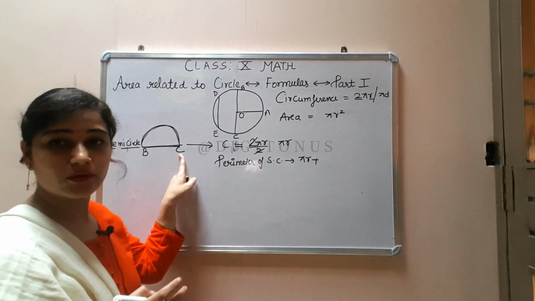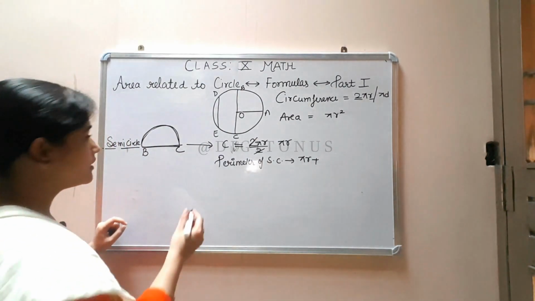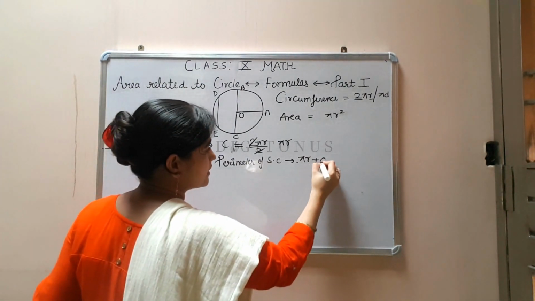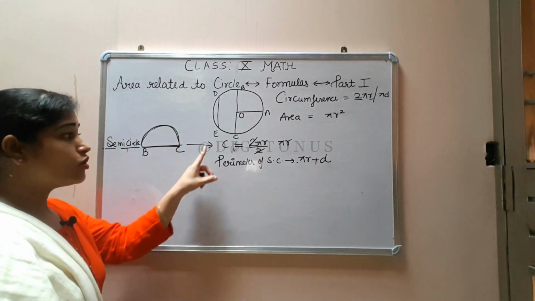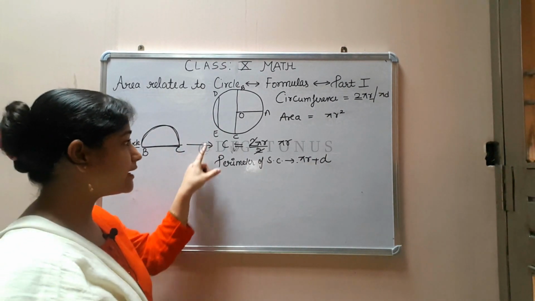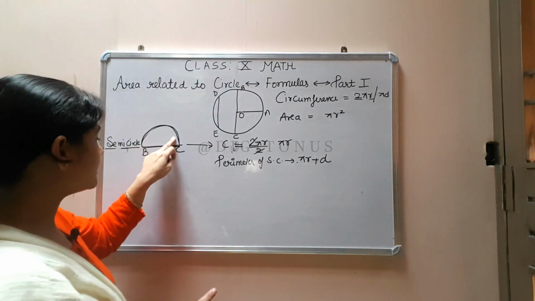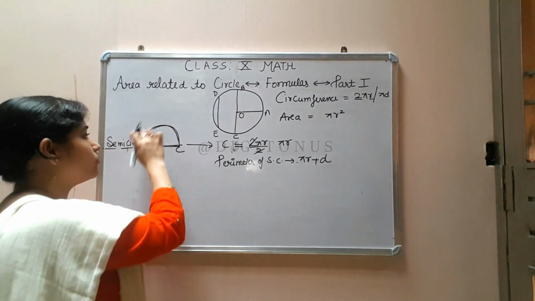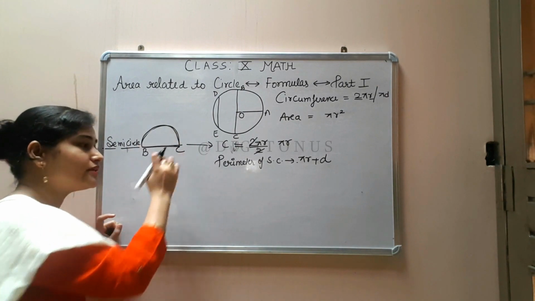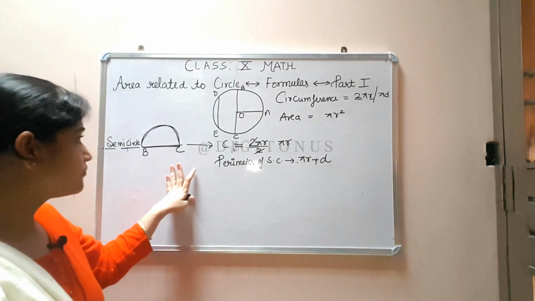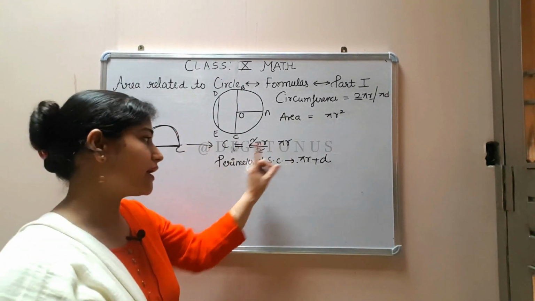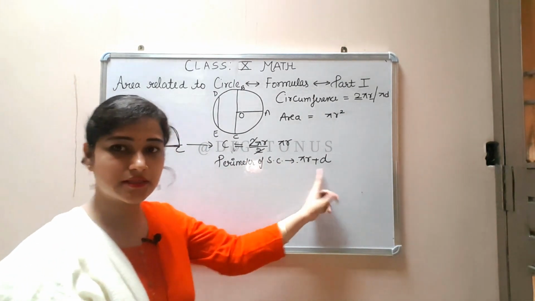So what will this side be? Diameter. That's why you can write pi r plus d. So don't think that both things are the same. No, circumference is only this curved part, and perimeter is the whole boundary of the semicircle, this part and also the straight line, the diameter. So semicircle circumference is pi r and perimeter is pi r plus d.